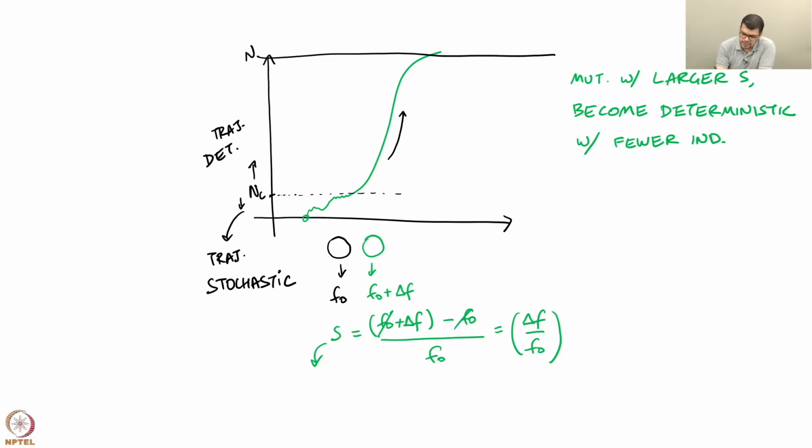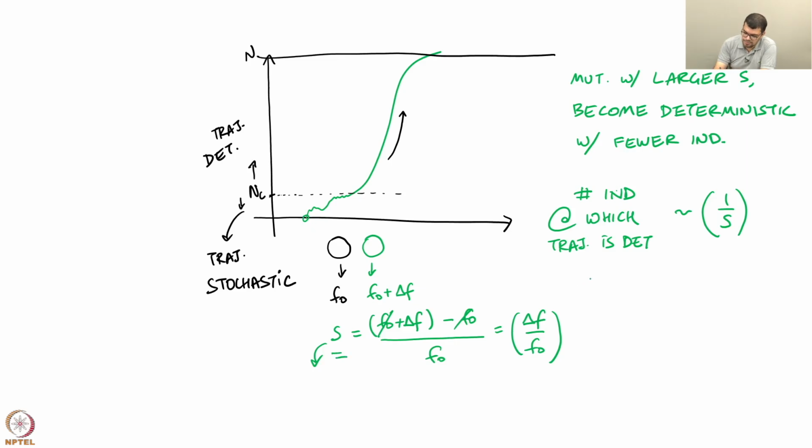So, for instance, the number of individuals at which trajectory is deterministic can be simply approximated as 1 upon S, where S is the selection coefficient associated with the benefit that this mutation confers.